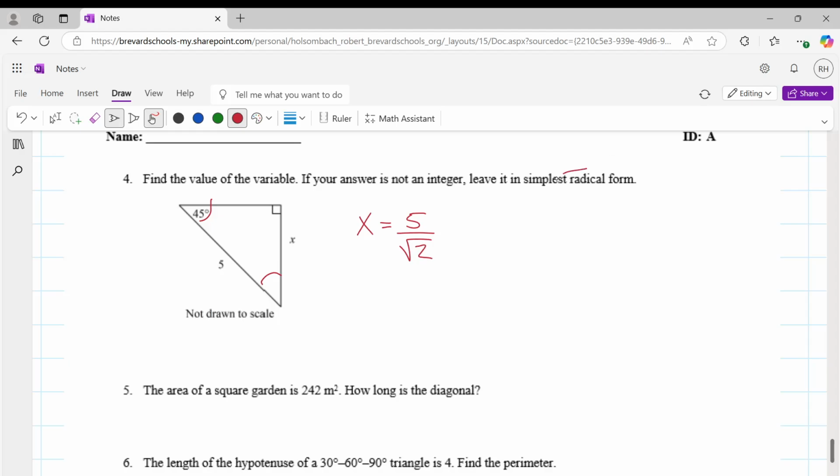So if we need it in radical form, we're going to multiply the numerator and the denominator by the denominator. We get 5 radical 2 over square root of 2 times square root of 2 equals 2. So there's your answer in simplest radical form.